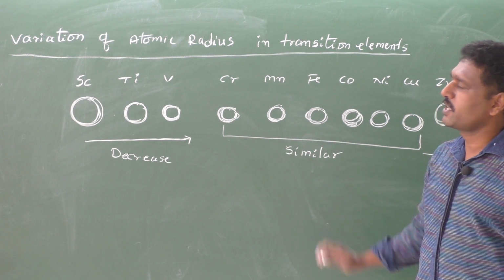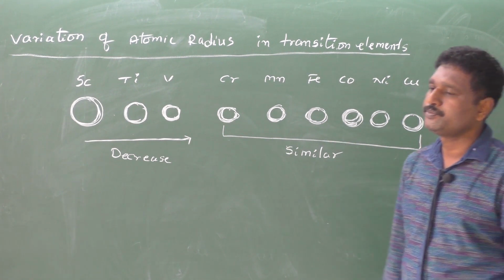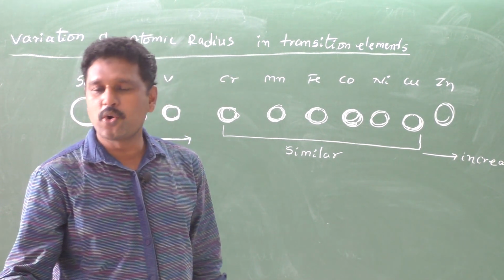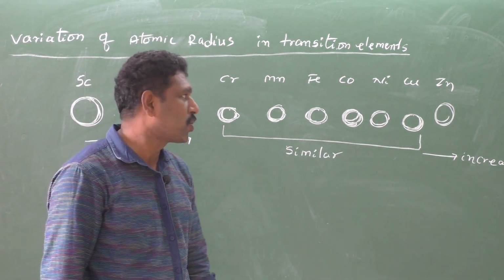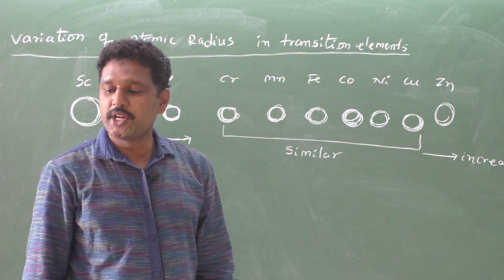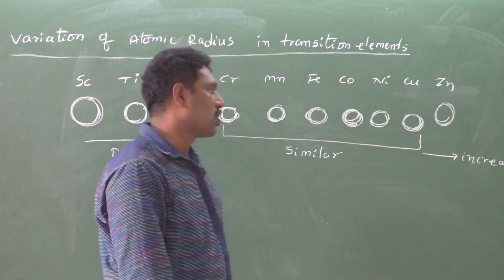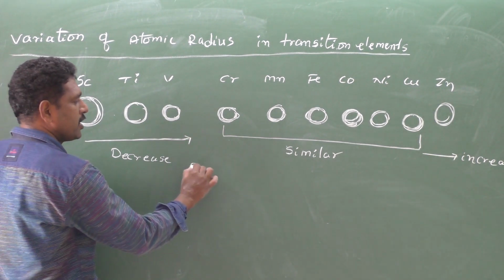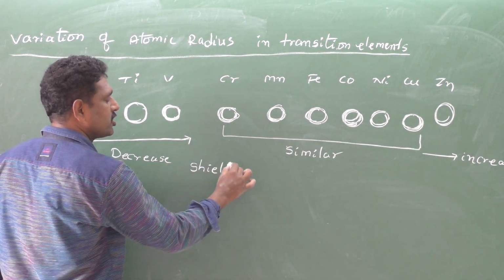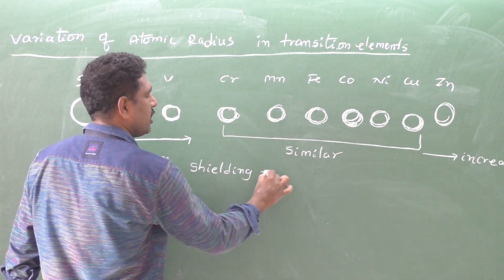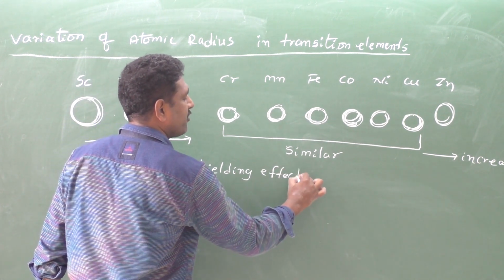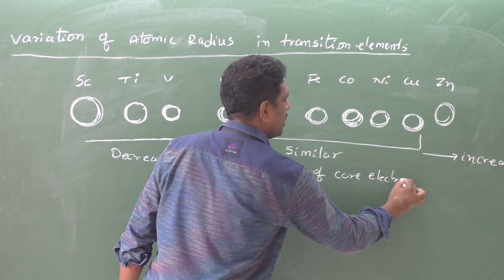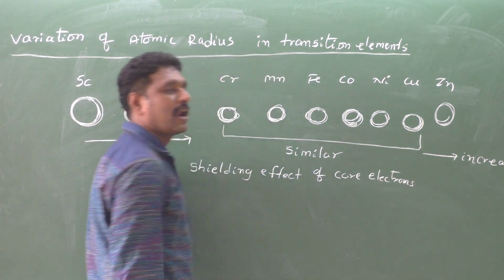So why does it decrease? In d block elements, core electrons are there. What are core electrons? The first reason for the decrease is the shielding effect of core electrons.